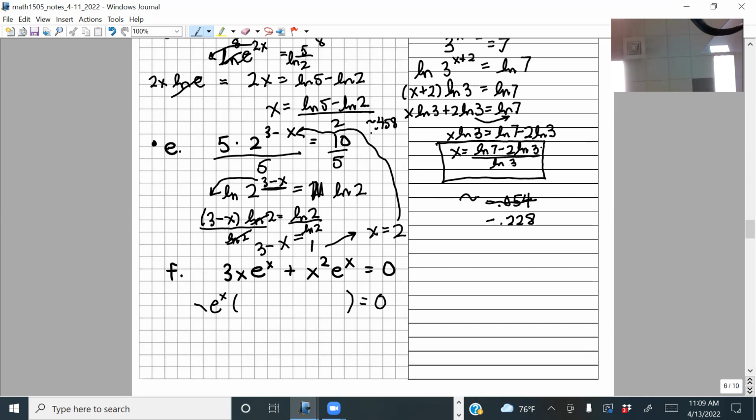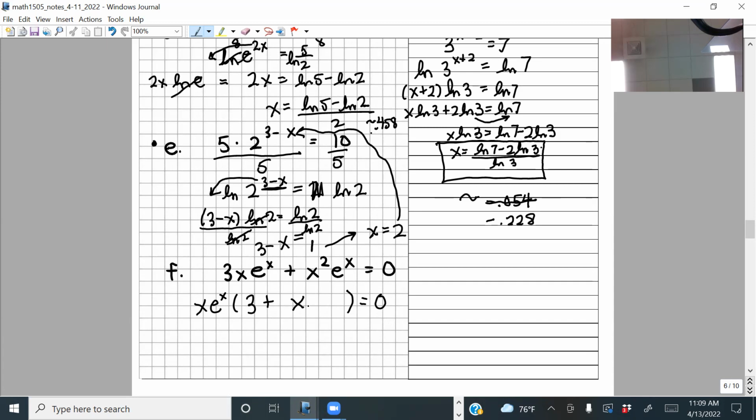So we can factor out in front x and e to the x. Now, what's left when we factor out x and e to the x? Well, from this term, you just have a 3. And what's left here? The e to the x is gone. One of the x's is gone. So you just have an x. So this equation factors nicely as x times e to the x times (3 plus x) equals 0.